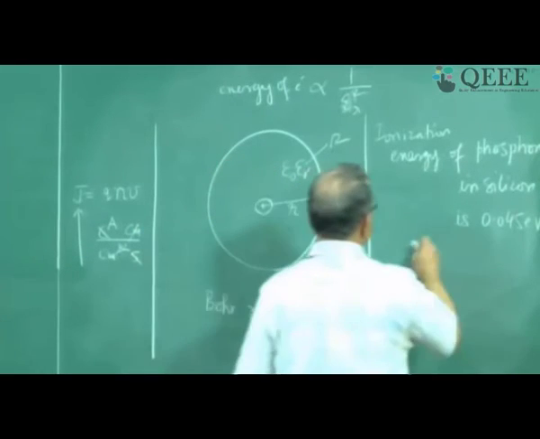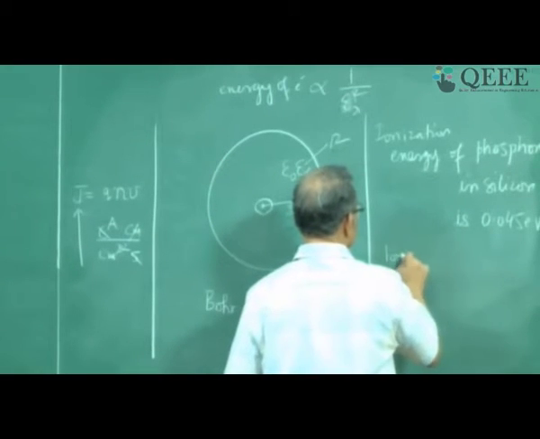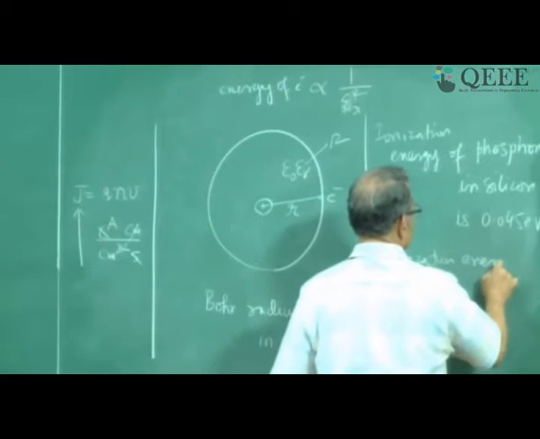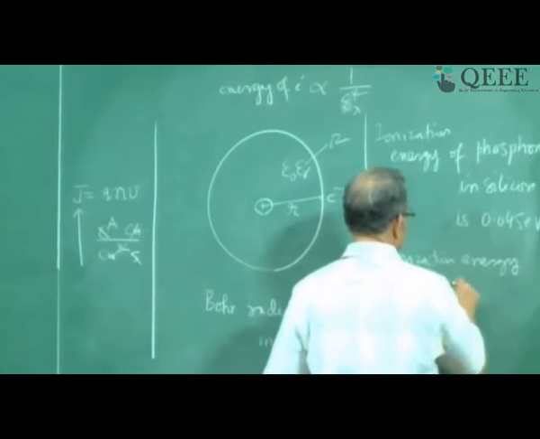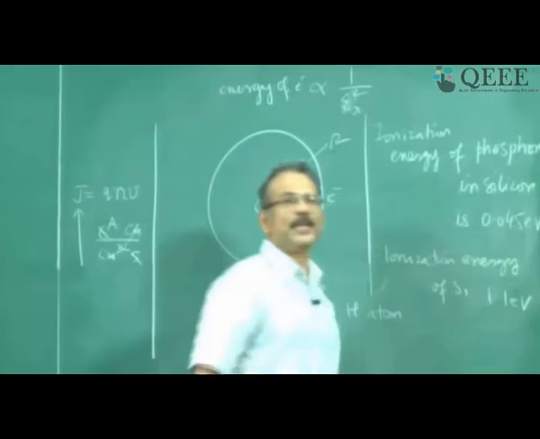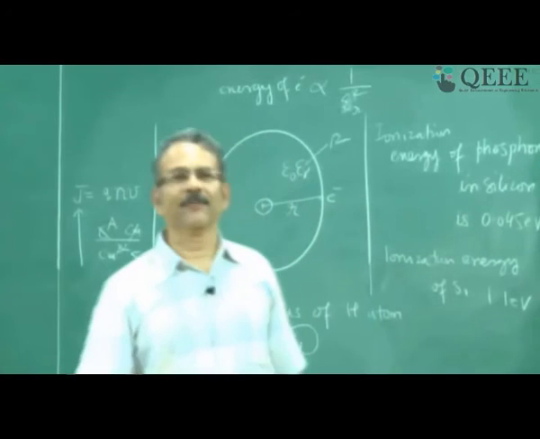What is the ionization energy of silicon? It is 1.1 electron volt.